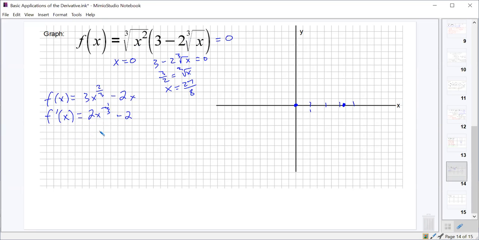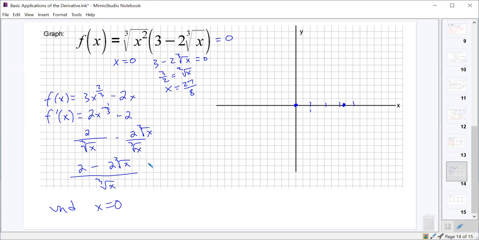And now we'll need to figure out when that equals 0 and when that's undefined. So that's 2 over the cube root of x minus 2. And we'll get a common denominator. And gives us 2 minus 2 cube roots of x over the cube root of x. And we'll say this is undefined at x equals 0.